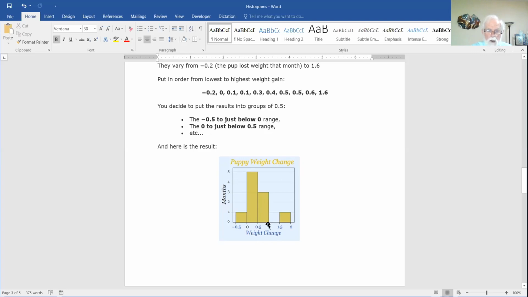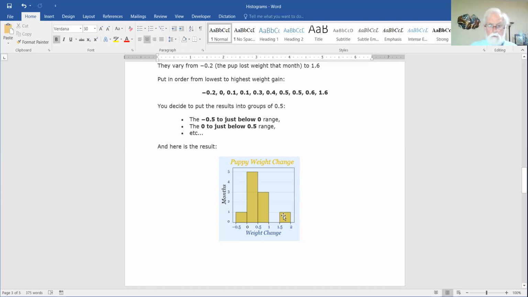There is nothing between 1 and 1.5. So we leave a bar at 0. That's a 0 bar. Okay, and it's connected to these because the value here is 0, so it's right on the line. Some people will actually draw a heavy line across the 0 to emphasize that there were none.